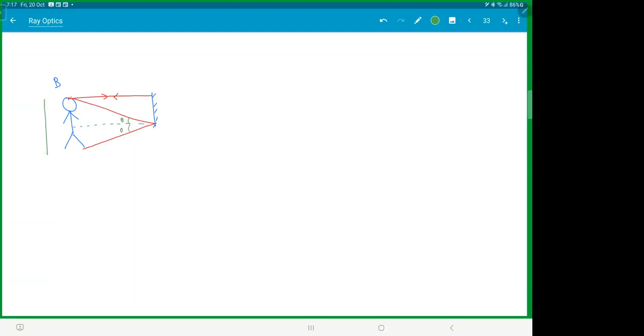If this total height was h, this is h by 2. So to see himself, you need a mirror of length h by 2 starting from the eye level. This is important.